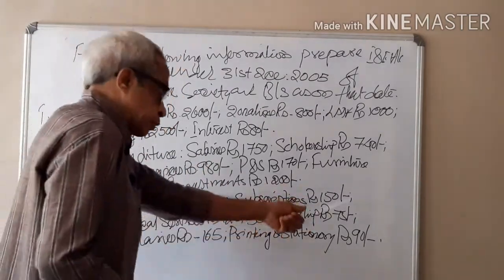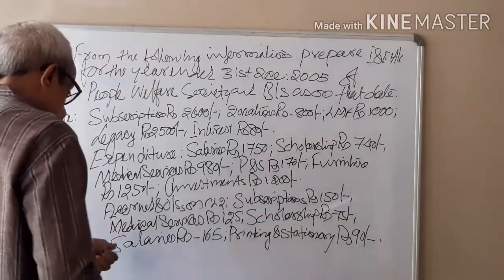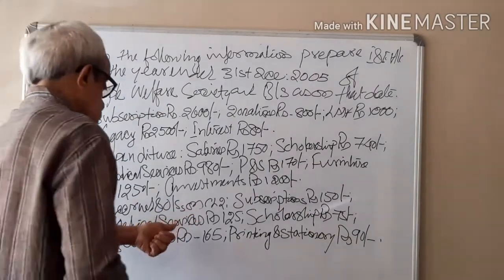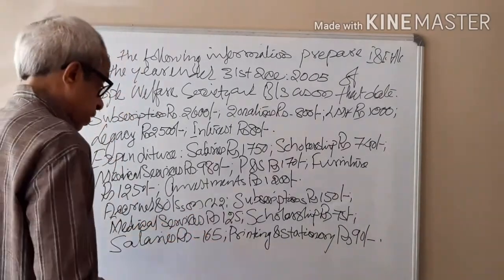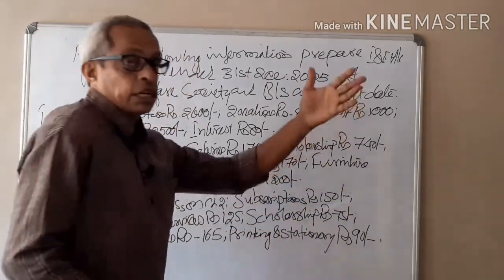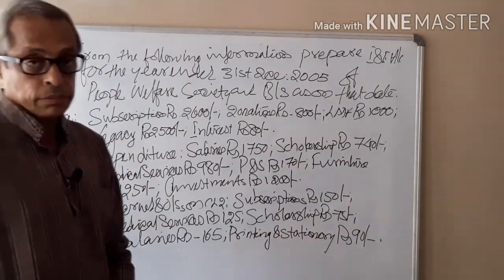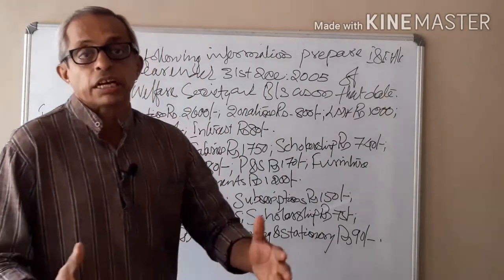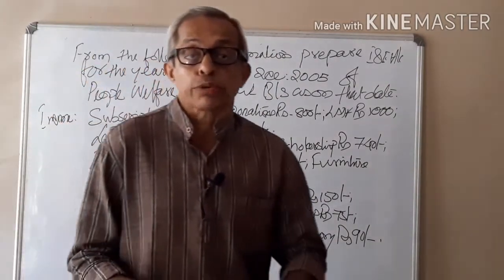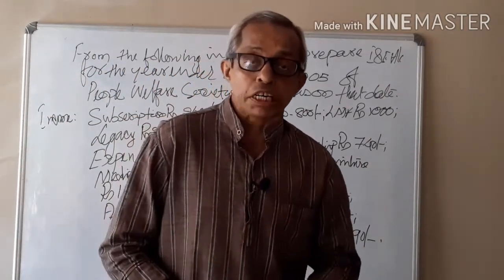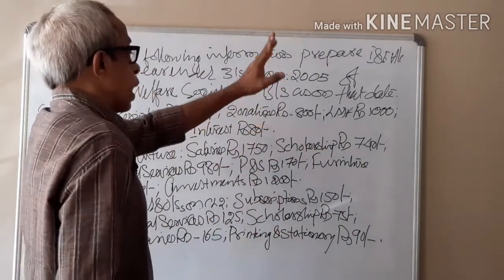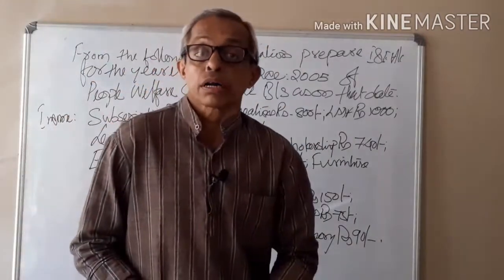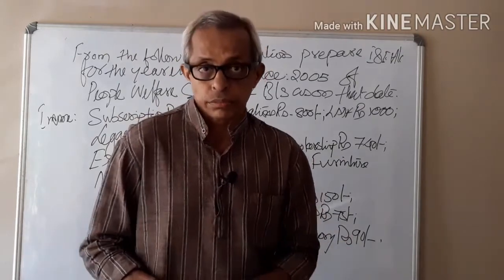Scholarship, that's an expense, 75. Salaries is an expense, 165. Then printing and stationery, rupees 90. So these are the items that are given to us in order to prepare income and expenditure account and the balance sheet as on 31st December 2005.